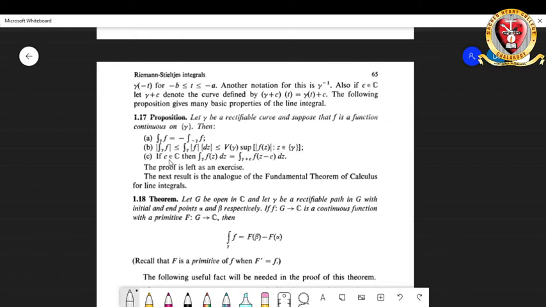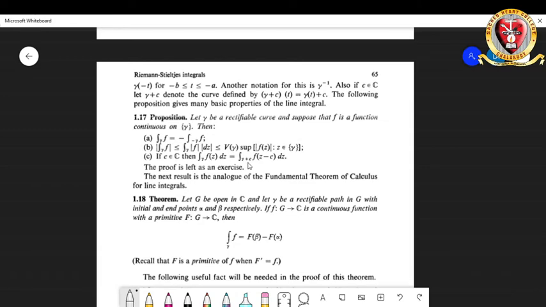And if c is a constant among the complex numbers, the integral over gamma of f of z dz is equal to the integral over gamma plus c of f of z minus c dz.